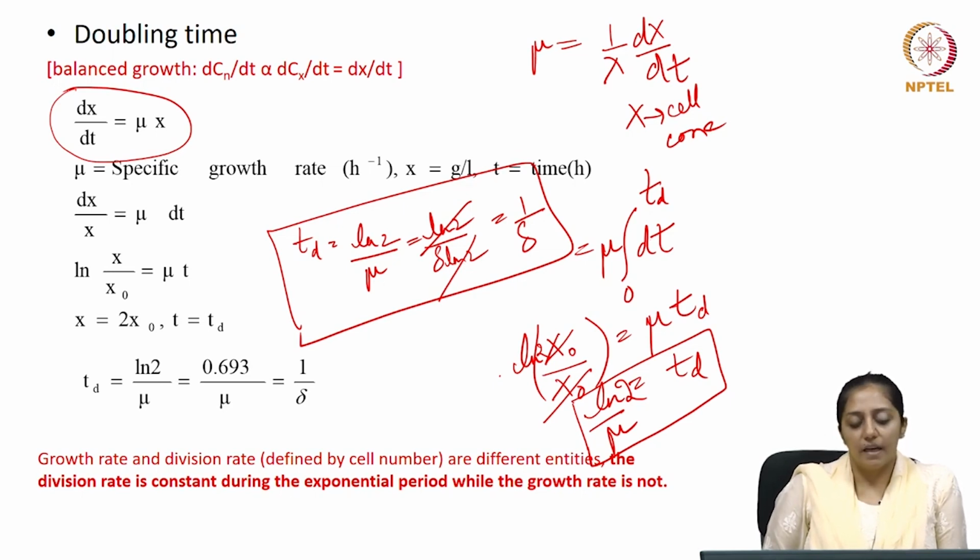So, the growth rate and division rate, which is defined by cell number, are different entities, and the division rate is constant during the exponential period while the growth rate is not.